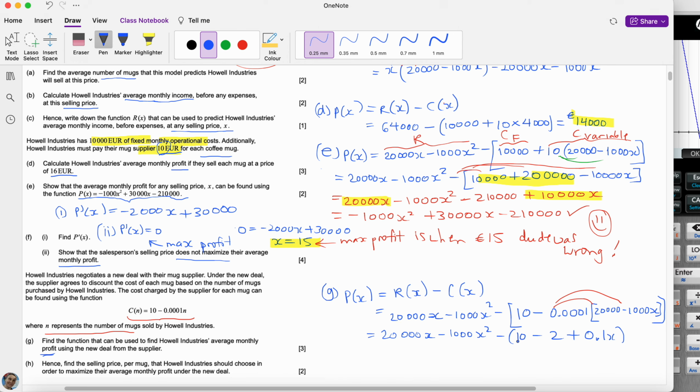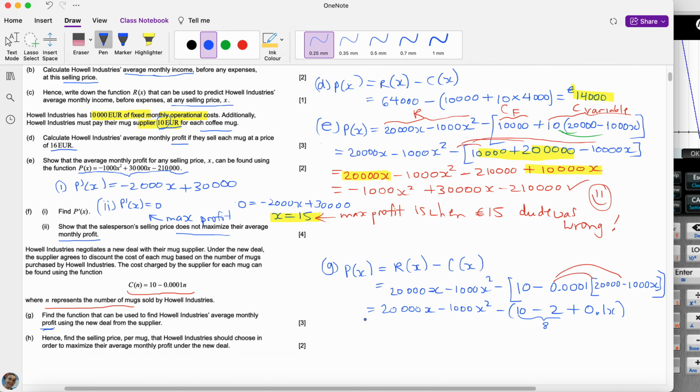And so this is going to end up being 8. Okay, moving on. So our total profit, and actually, yeah, we still have the 10,000. I forgot that. The 10,000 fixed cost is still there, right? That's going to be our total cost.